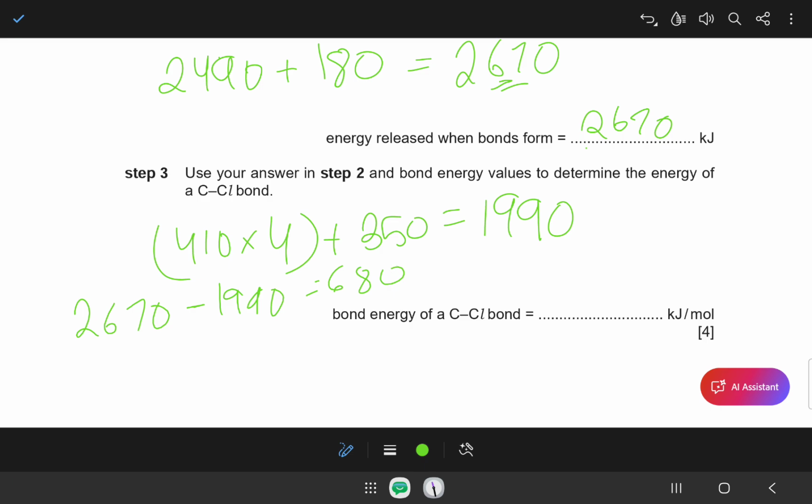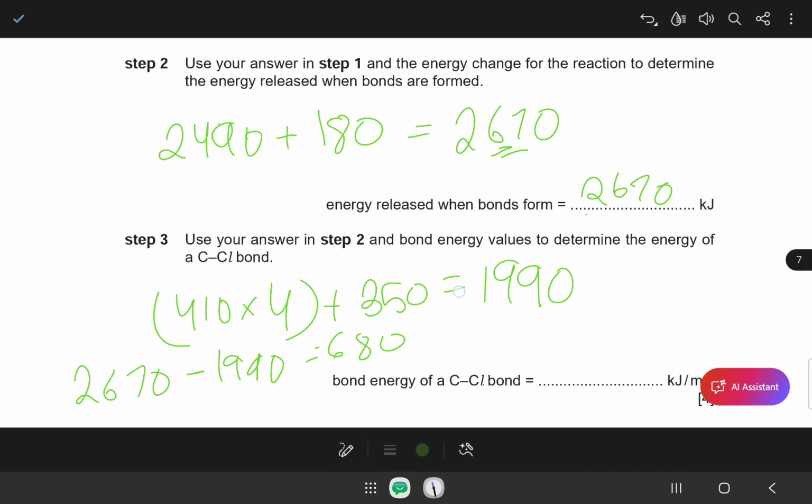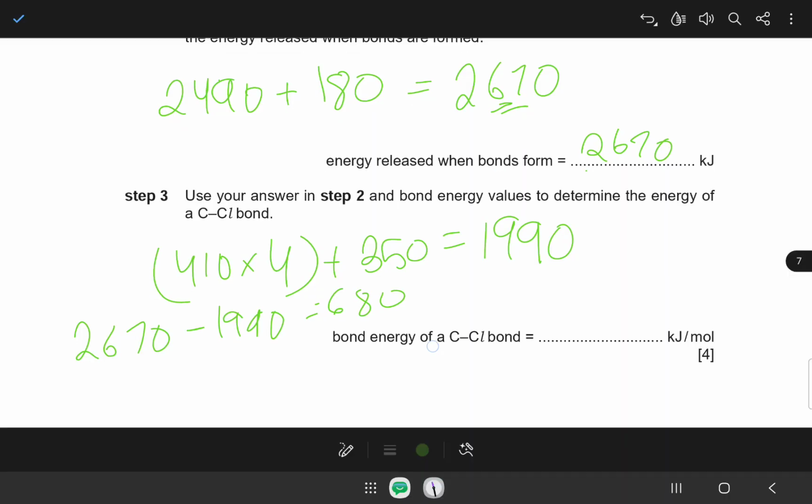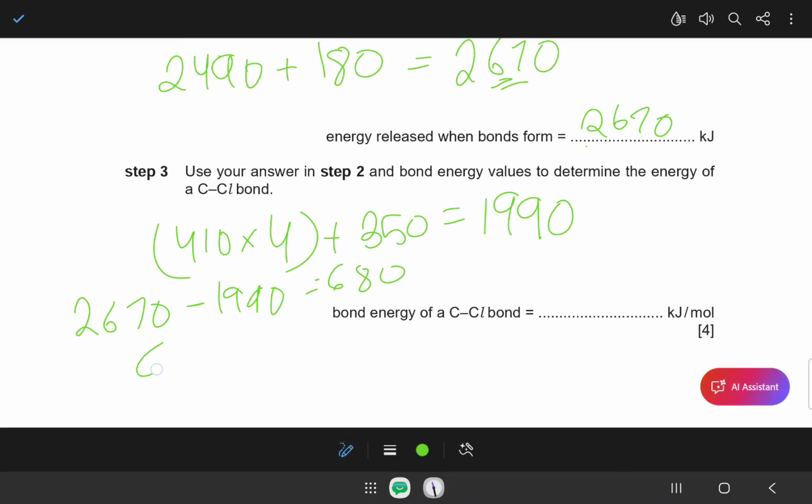So this would have been our answer, except if we go here, we can see that there are 2 bonds of C-Cl. So what do we do? We divide by 2. So 680 divided by 2 is equal to 340. So the bond energy is 340.